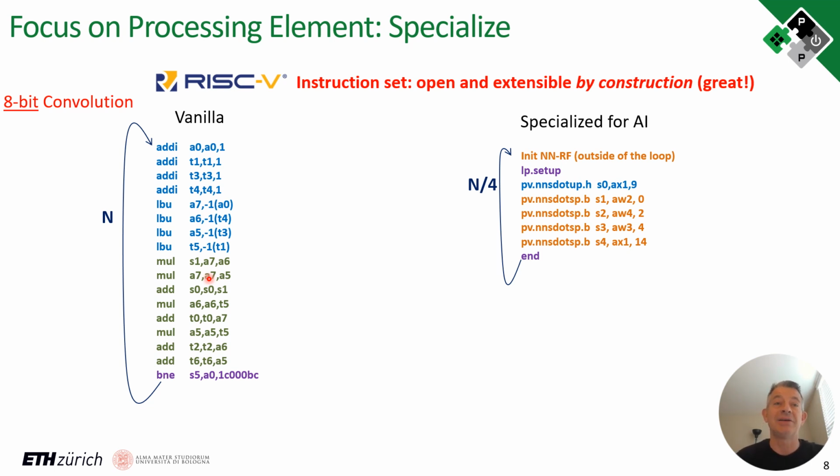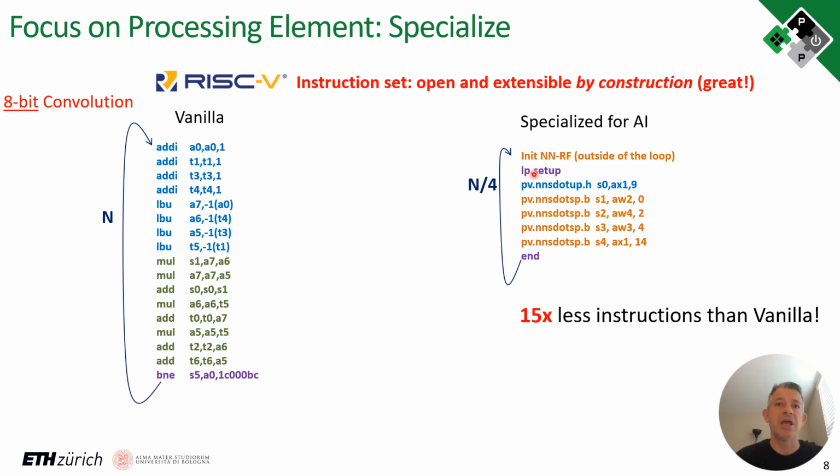We add instructions that, for example, merge the access to memory with the computation of the multiply accumulate, employ single instruction multiple data paradigms to combine multiple computations in a single instruction in the same cycle, and accelerate the control flow of the loop to achieve a massive improvement in execution time. In fact, this loop executes 15 times fewer instructions than vanilla, giving us a very big performance boost.